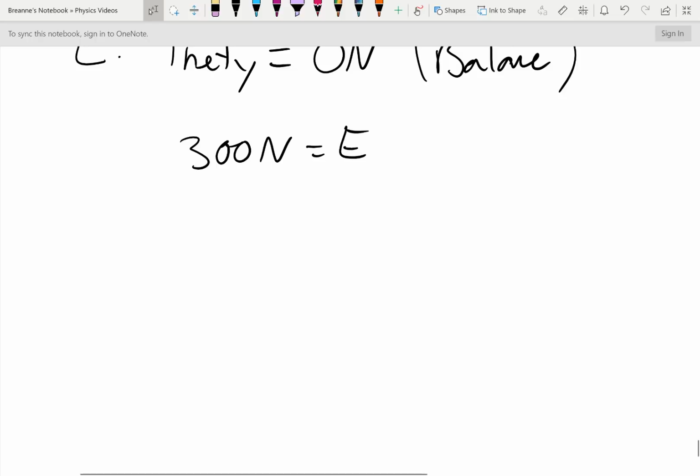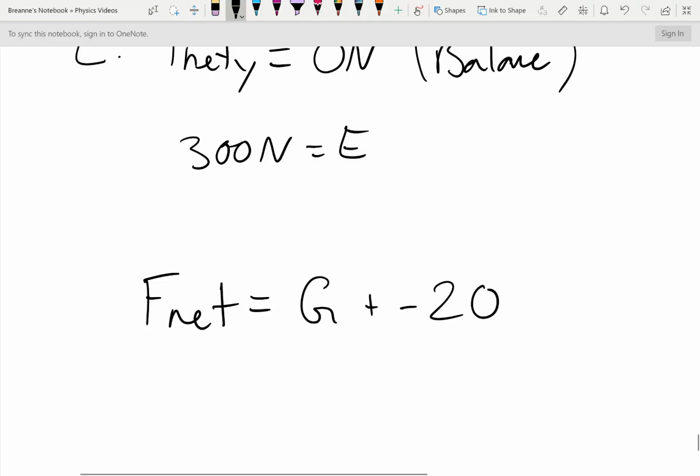For your next one, it says your net force is 30 to the right. Again, we're just worrying about forces in the X direction. So your net force is going to be G plus negative 20 because it's going to the left, and it says it's 30 to the right, so that 30 is positive.